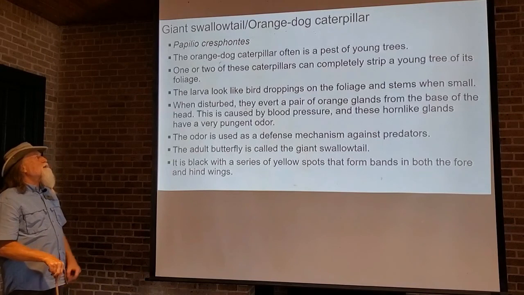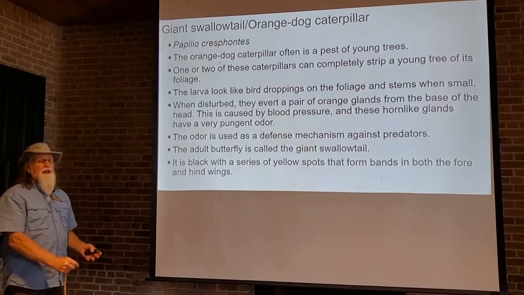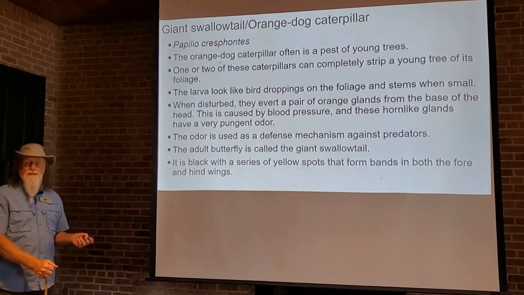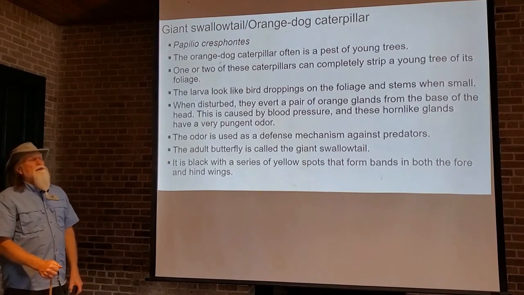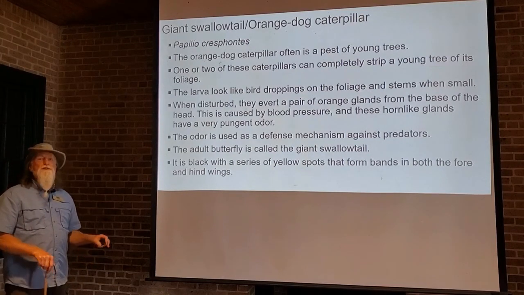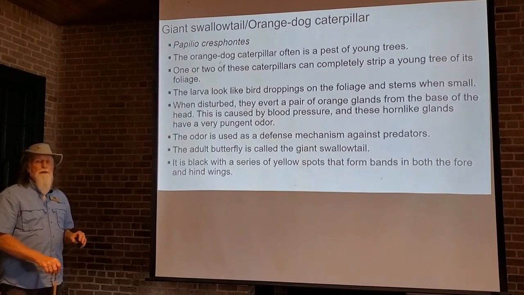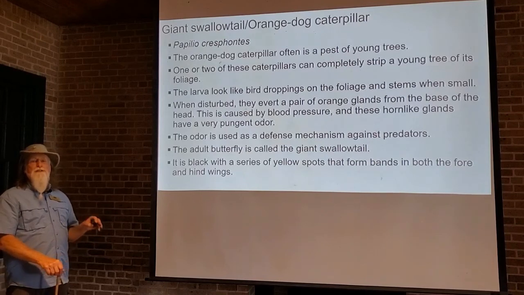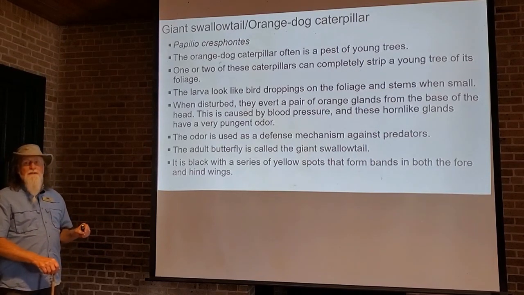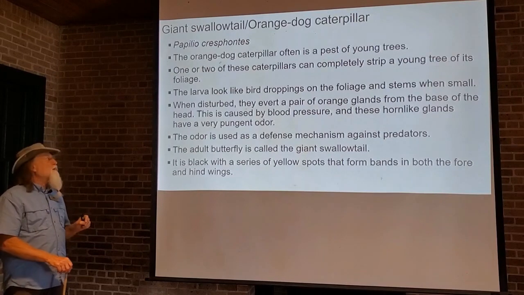It starts out small, of course, but it will get very large. And if you have one or two of these orange dog caterpillars on a very young citrus tree, they can completely defoliate it. So on young citrus trees, you do want to do some type of control of the orange dog caterpillar, because if you see damage caused by it and it's on a very young tree, the damage is only going to get worse.